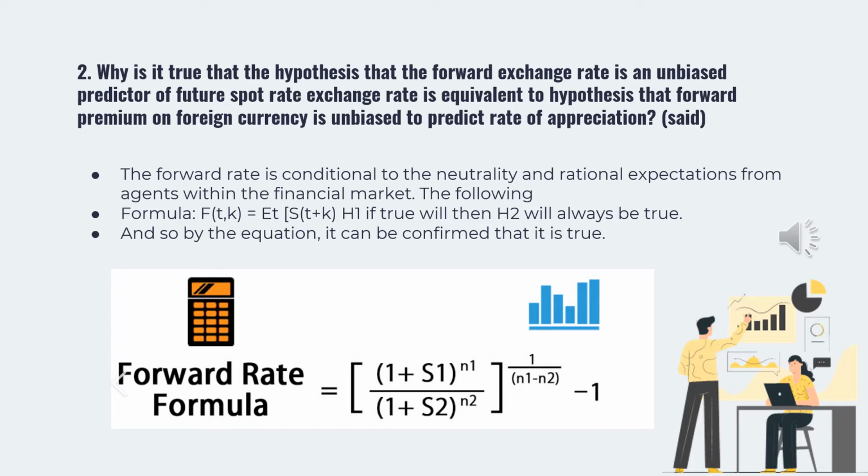This equation states that the first hypothesis is equal to the second hypothesis, which means that if H1 is true, then the second will also always be true. This is regarding the second formula. Based on the first formula, we can also conclude that the forward premium/discount of currencies is also unbiased.